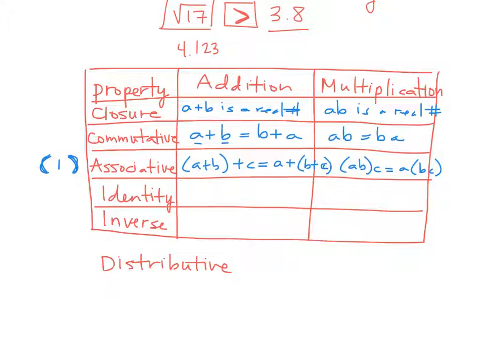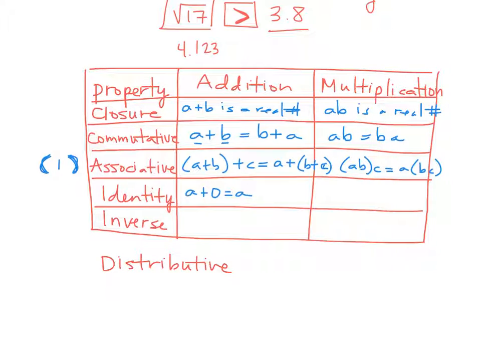Okay, identity property. This one, I always say, think of your identity, who you are. You want to be the same person regardless of what's going on. You are you, so add nothing to you, change in no way. The identity property for addition says if you add nothing to me, you get me back. A plus 0 is still A, or 0 plus A is still A. That's the identity property of addition.